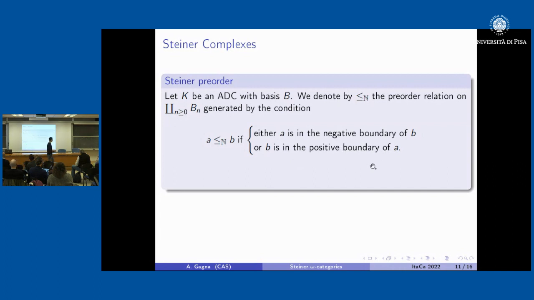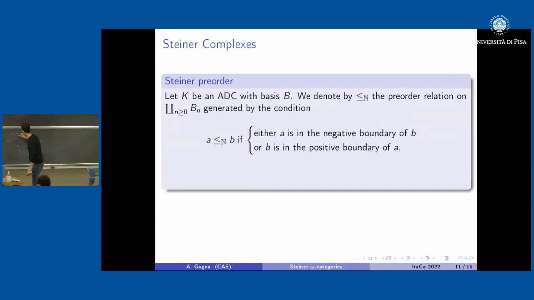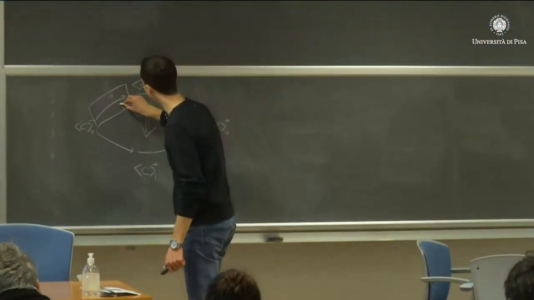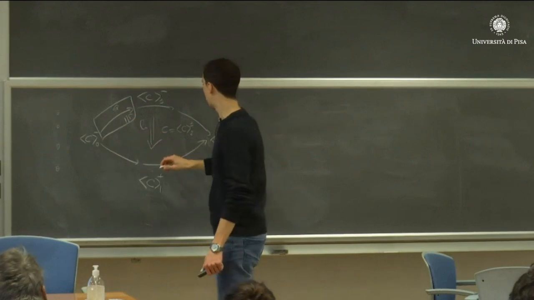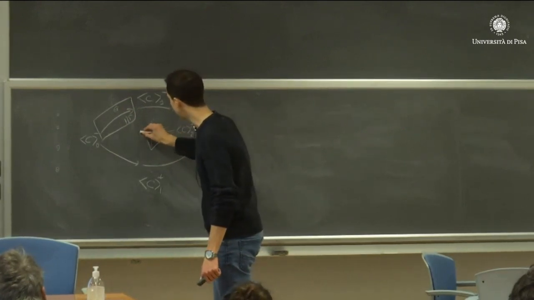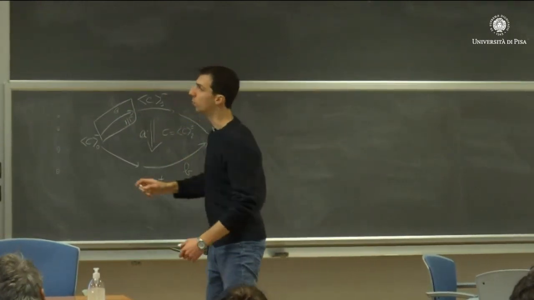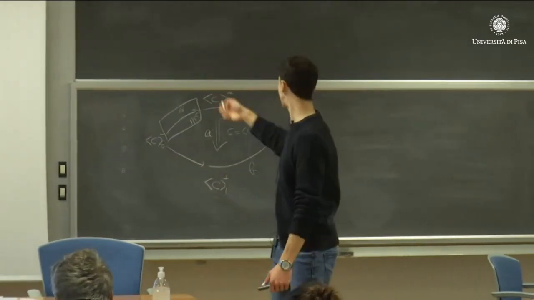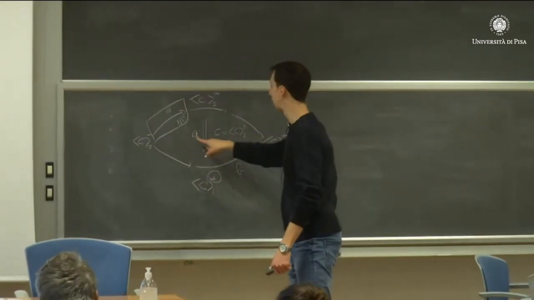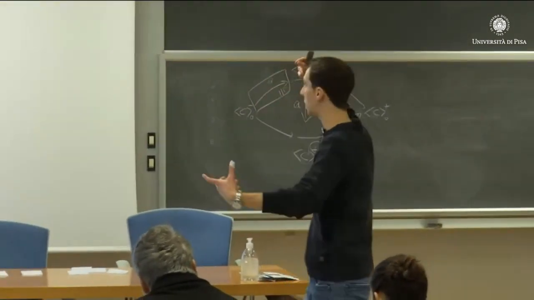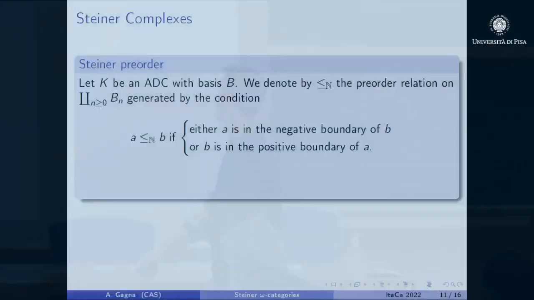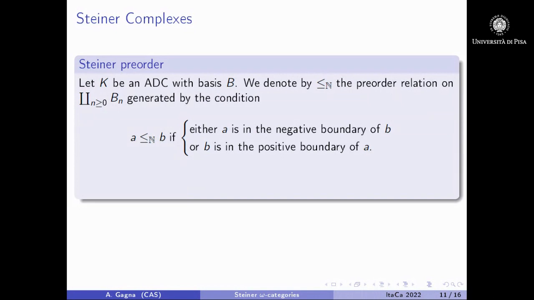So for instance, here, this guy would be A less or equal than B. Is in the negative part of the boundary. Otherwise, if this is A, this could be B. So B is in the positive boundary of A. And if you iterate this, this gives you a pre-order relation.